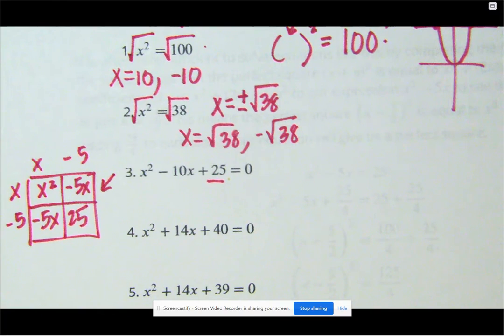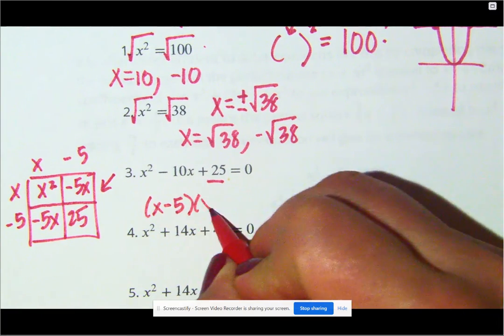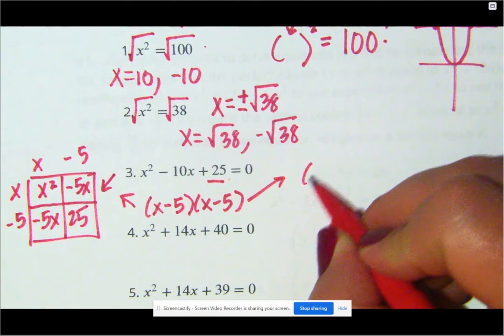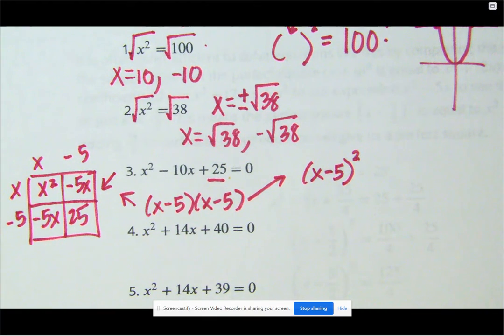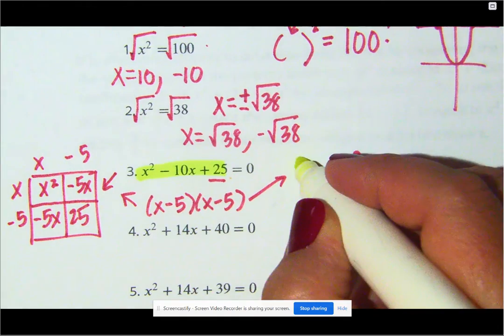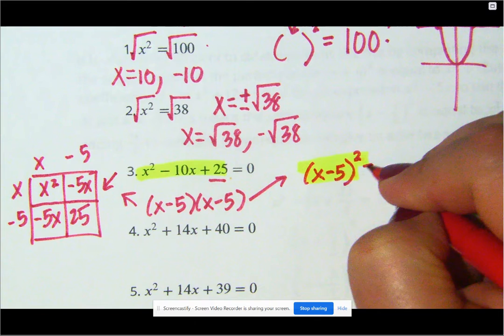I can rewrite this problem as x minus 5 times x minus 5, or x minus 5 squared. So this whole left-hand side, instead of writing it like that, I'm going to write it like that. So now I'm trying to find out, when does that equal 0?